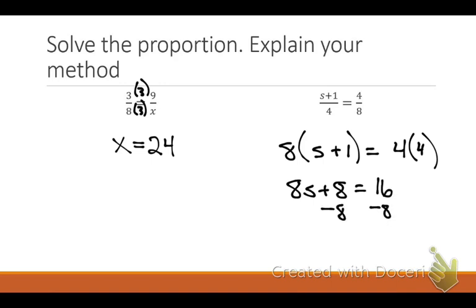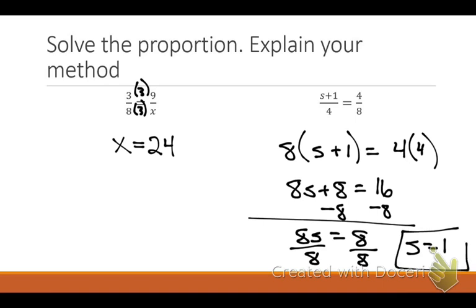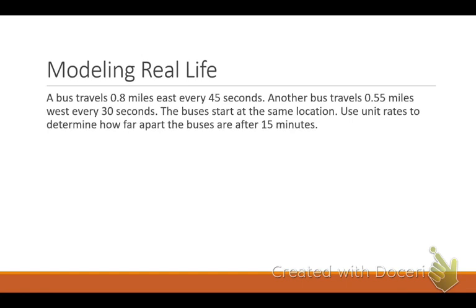Subtract 8 from both sides: 8s equals 8. Divide, and s equals 1. I did mental math and got the same answer, because there's a clear connection, and then you could do 2 times 2s plus 1 and 4 times 2s. I would just use cross products.